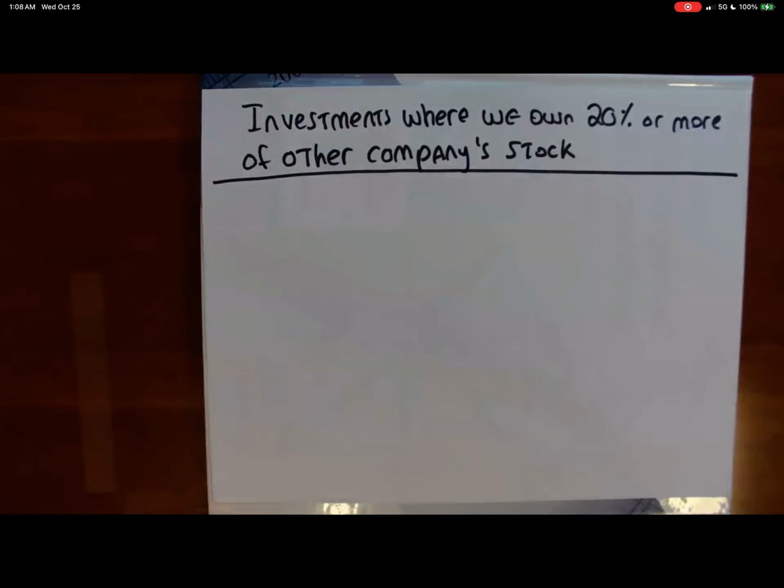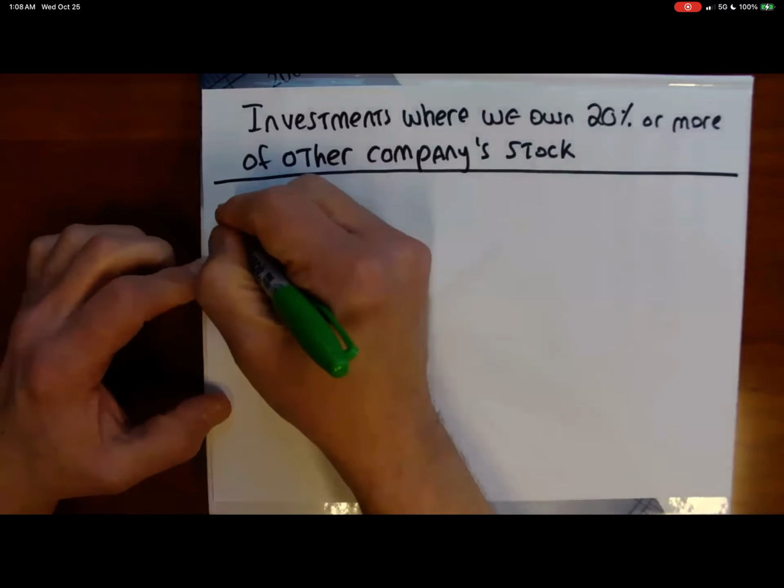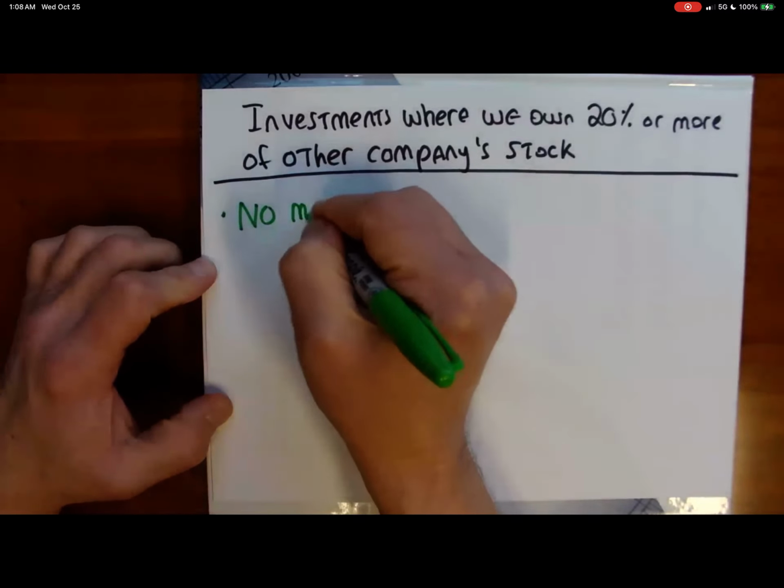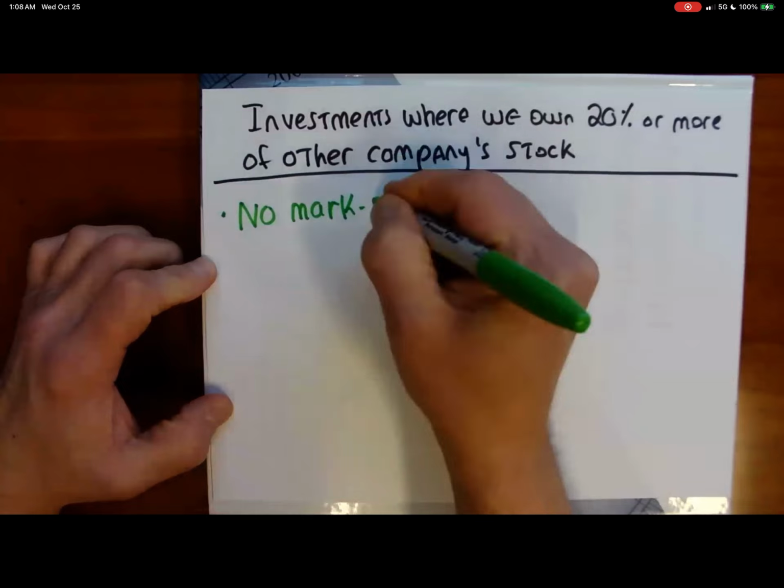First thing to put down in our notes. When we own 20% or more, there is no mark to market adjustment. We do not record that.